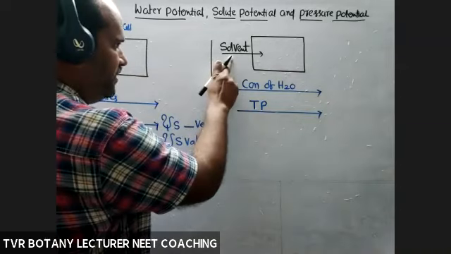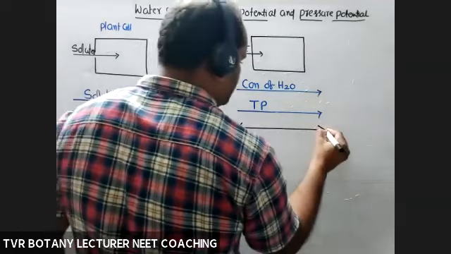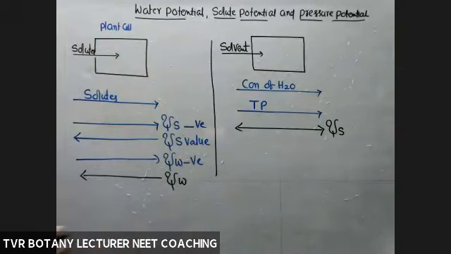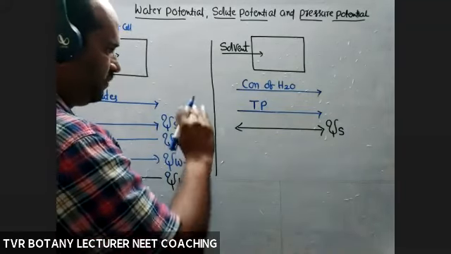So here only solvent is moving. And what about the psi S value? The psi S negative value remains constant. There is no change, because only solvent is transported. So if only solvent is transported, turgor pressure is increasing.